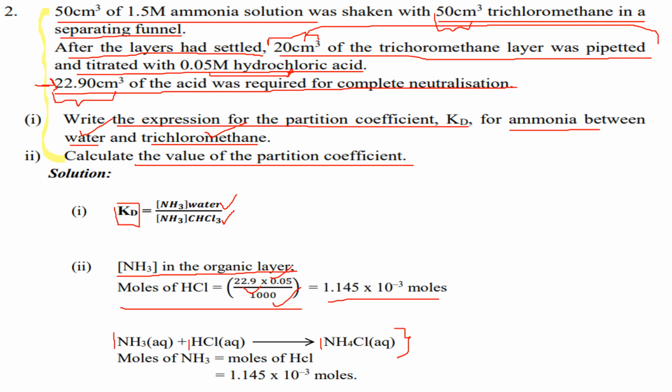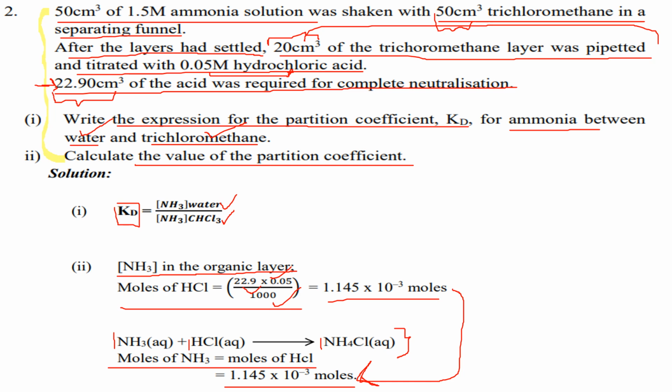So ammonia reacts with HCl in a mole ratio of 1 to 1. That's why we are saying that the number of moles of ammonia is equal to the number of moles of HCl. That means that the moles we calculated here must be the same as the ones present down here, which is 1.145 × 10^-3 moles.